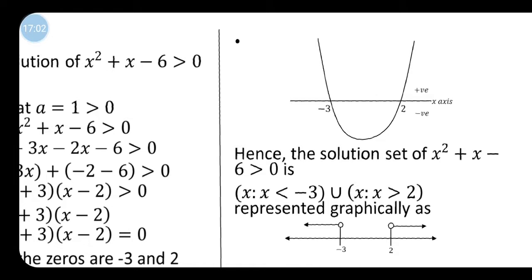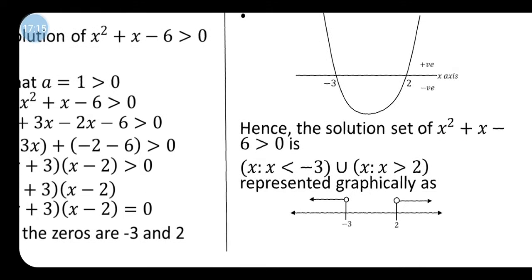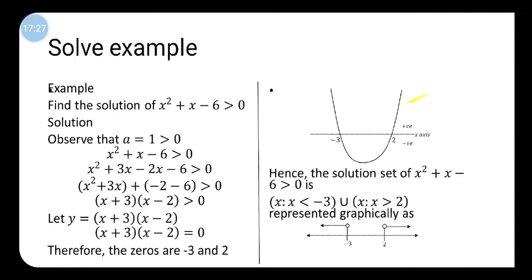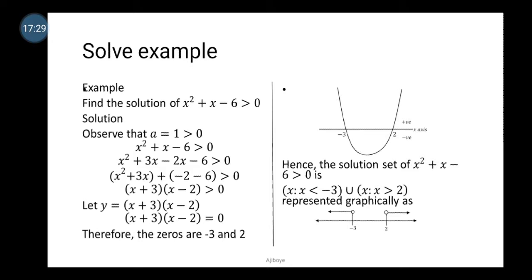The union of x before -3 and x after 2 is where the graph is positive. So in graphical representation, you have x before -3 to the left and x after 2 to the right. That is the solution, which is the same as when we used the analytical method in our previous lesson.